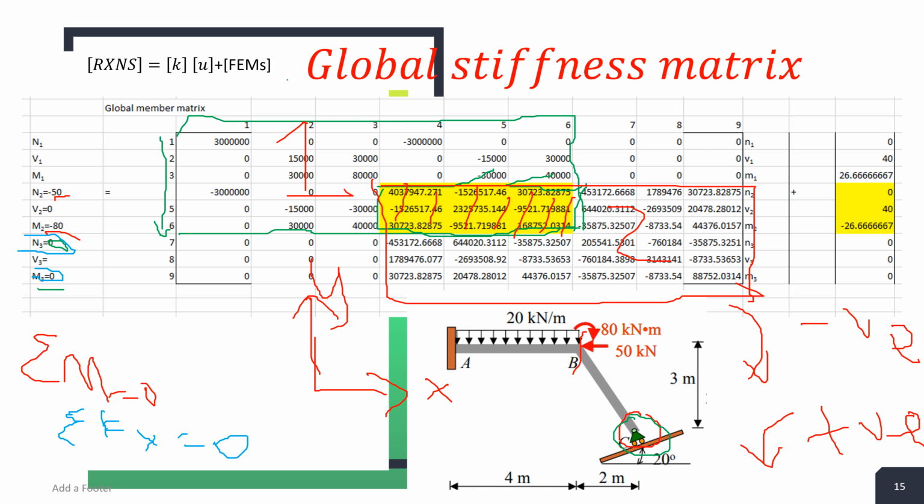So for node 3. So node 2, we have the axial force negative 50, and then the shear force is also 0 because there's no support there, and the moment is shown negative 80. So having known all this, you can isolate the matrix that represents N2, V2, M2, N3, and M3.